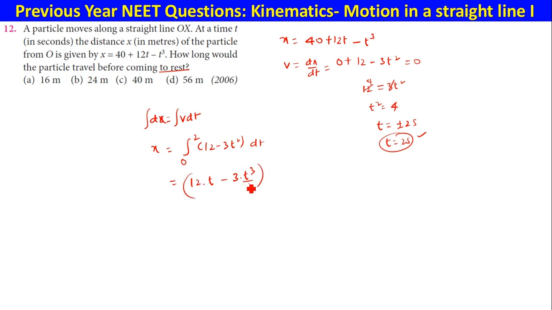If you cancel this 3 and that 3, you get the limits 0 to 2. So 12t, that is 12 into 2, minus t cube, that means 8. 12 2s are 24 minus 8, so that is nothing but 16 meters. That is the correct answer. Clear?